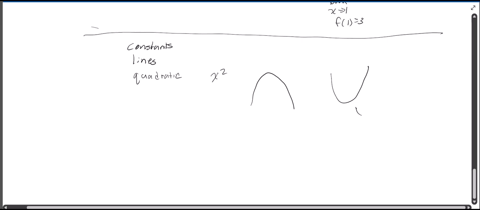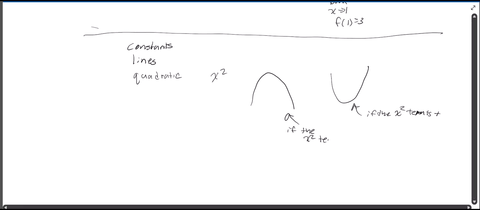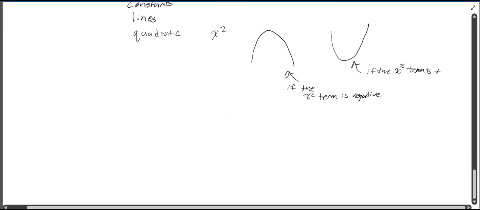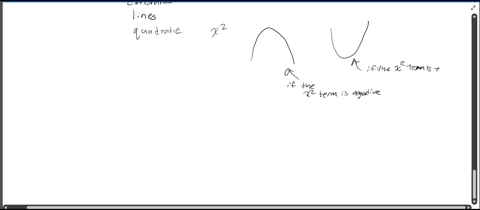And it'll look like this if the x squared term is positive, and it'll look like this if the x squared term is negative.